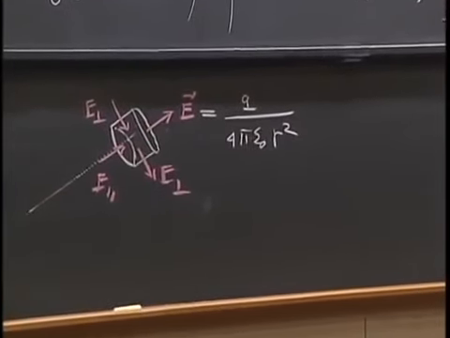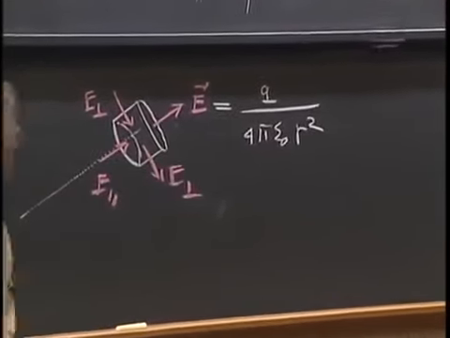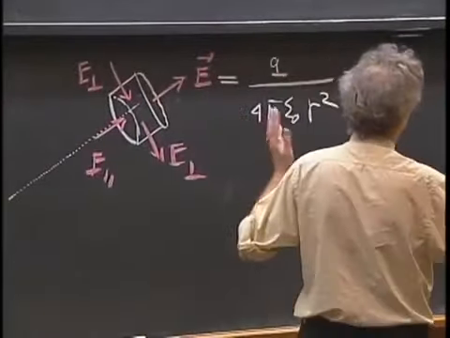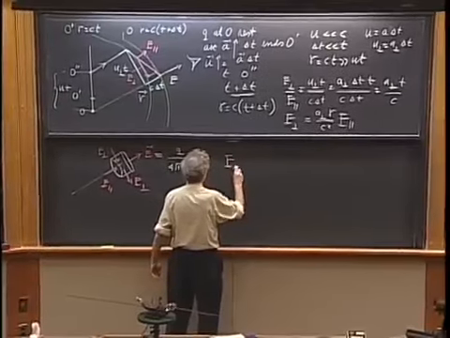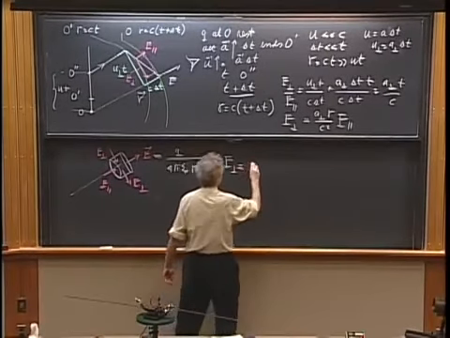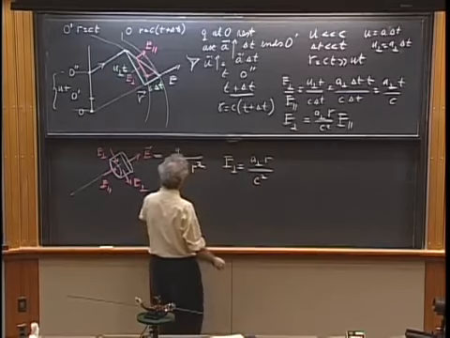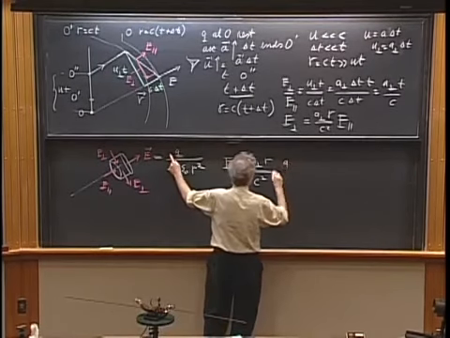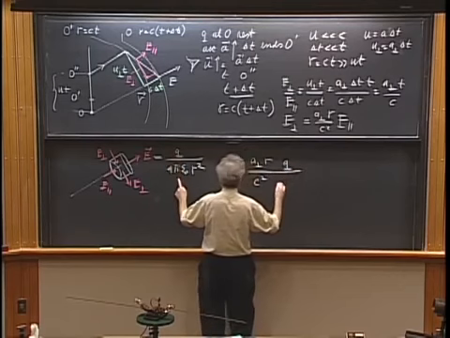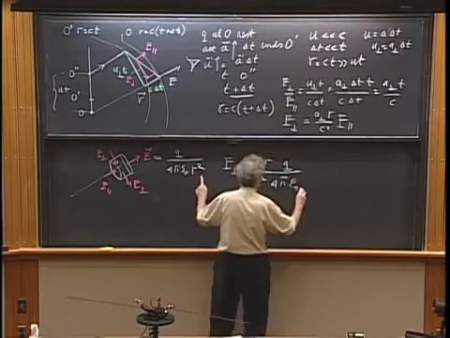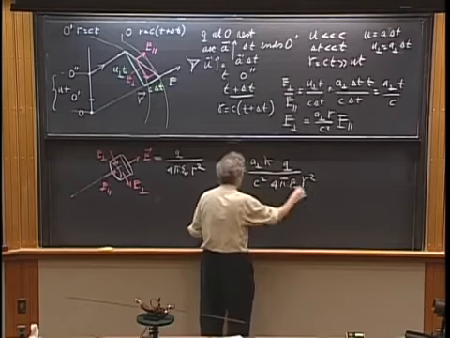You people should remember that from 8.02. And so now we have accomplished, the 13 minutes are almost up. E perpendicular now is therefore a perpendicular times r divided by c squared times Q divided by 4 pi epsilon 0 times r squared. And you lose one r.